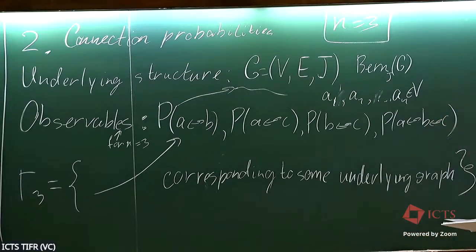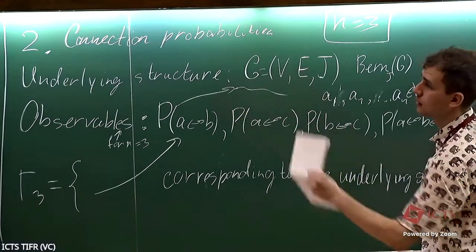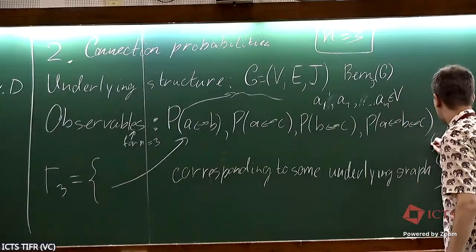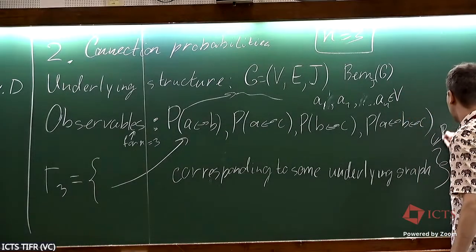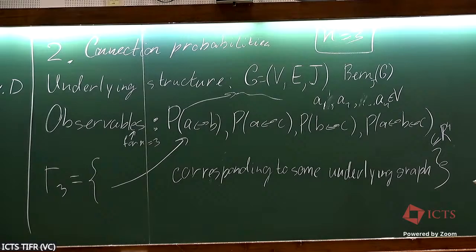And like there for 3, it was a subset of R7. Here it's a subset of R4. And again, a natural question to ask.